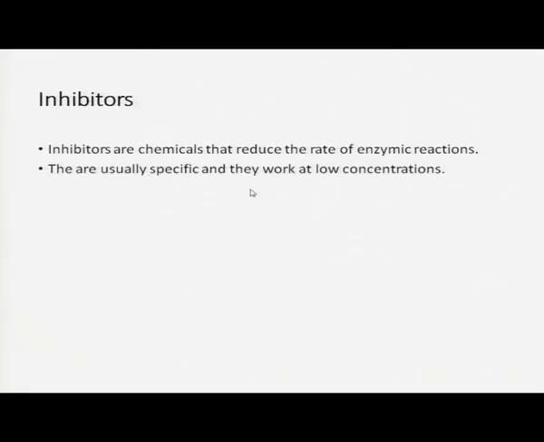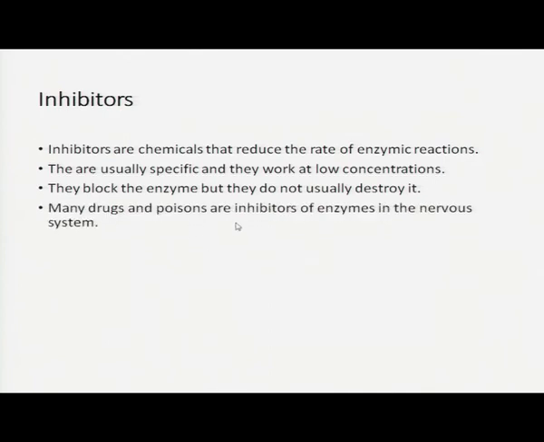They are usually specific and they work at low concentration, but the substrate concentration is going to be high. When we remove the inhibitors, they block the enzyme, but they do not usually destroy it.